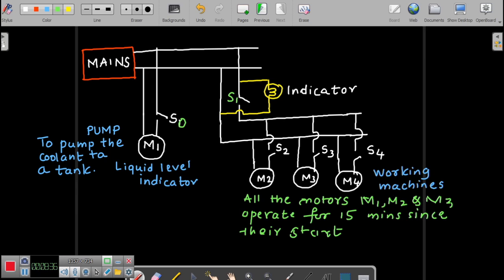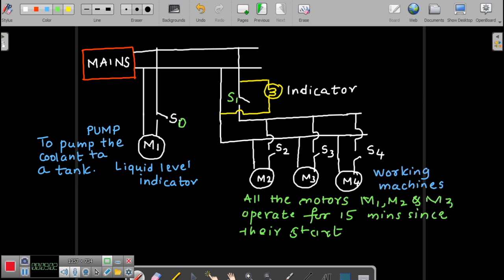So what you will do is turn on S0, that in turn turns on the motor M1, which is a pump basically, okay. So it will lift the coolant into an overhead tank or something like that. Once the overhead tank is full, how would you get the indication is by virtue of a liquid level indicator. Here the sensor comes into the picture, right?